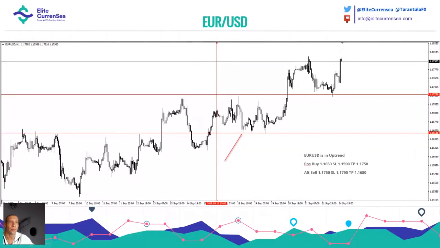So this is the rejection, and you see what happened after the rejection. The price went up and hit our target even higher. I put this line here, but we actually had a nice rejection, and I hope that you enjoyed it. You see the date is correct, and you see the timing, bang, straight to the upside.